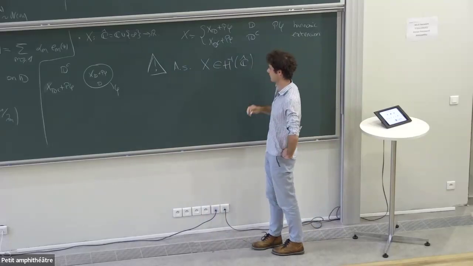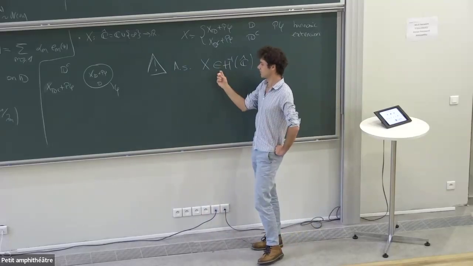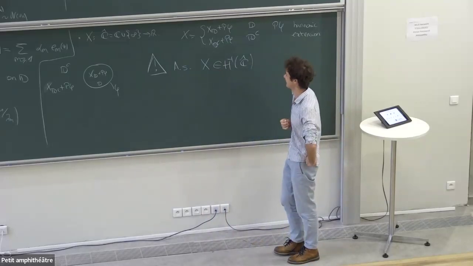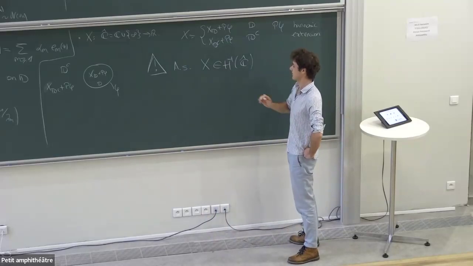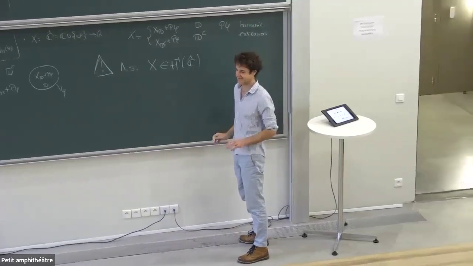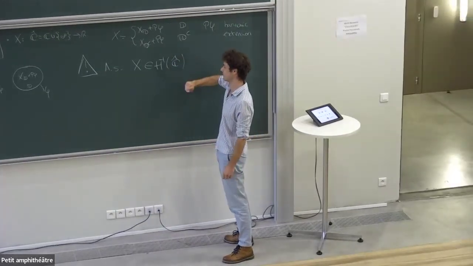So this means that, for instance, you cannot evaluate it pointwise, which makes things a bit tricky. H^{-1} is Sobolev space. So you have a metric, you just imagine it's a sphere.